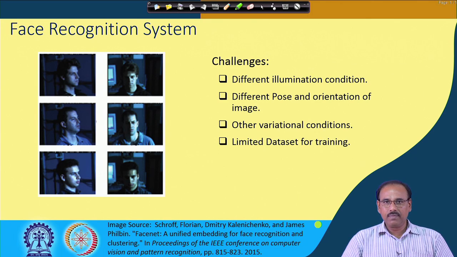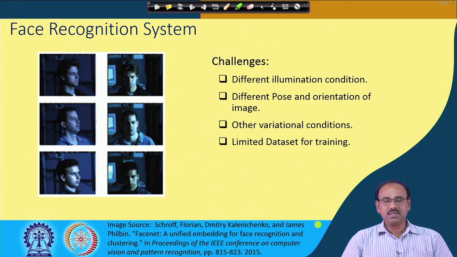The reason being, when the images are captured, the illumination conditions may be different. Maybe the person was in a different pose, or the face was in a different orientation. In addition, the face may be at a different scale as well, not only orientation and pose, even the scale or the magnification may be different.